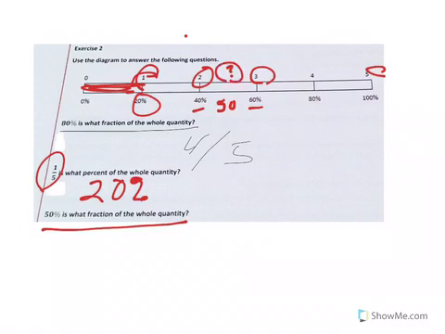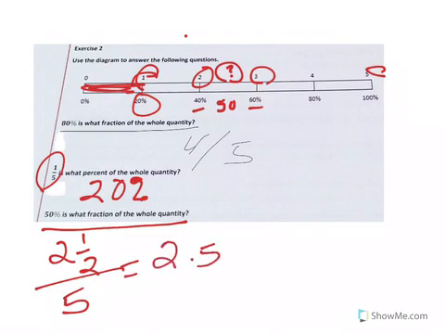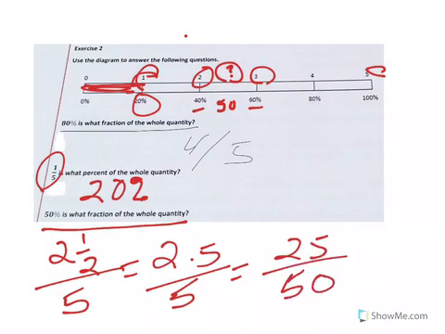So what would be 50? Well, in between 2 and 3, you would have 2.5 out of 5. Or you could say, multiply both of those by 10, 25 out of 50.